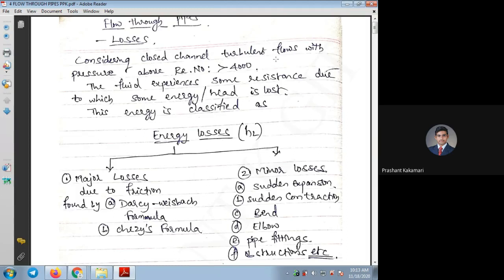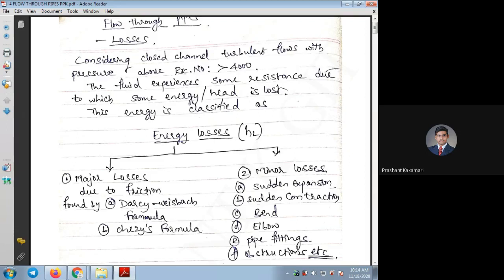Especially in the turbulent flow, we are going to describe the flow in three types. One is laminar, one is transitional flow, then one is turbulent flow. In laminar flow, if the Reynolds number is less than 2300, we classify that flow as laminar flow.